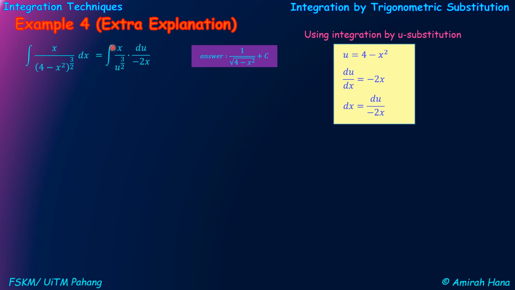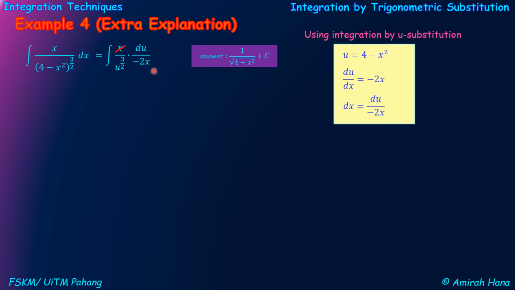We have the integration of x, we still have x in the numerator, and then we replace the function in the bracket with u, because our u equals 4 minus x squared, to the power of 3 over 2, times dx replaced by du over negative 2x.